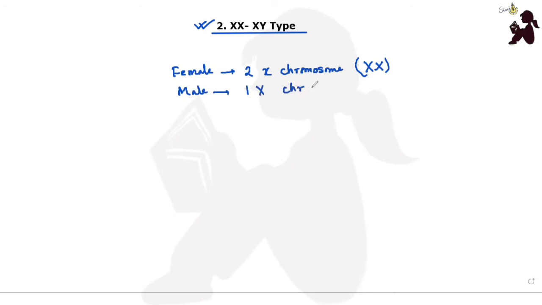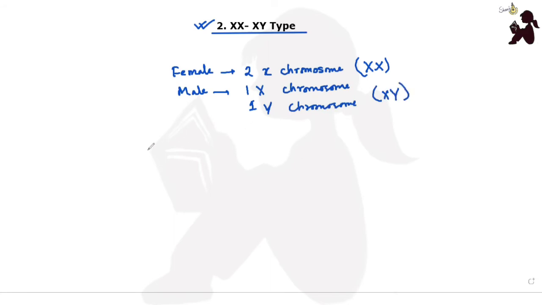Okay, then we will discuss the XX and XY type of sex determination, where the female individuals have two X chromosomes and they are denoted as XX, and the male individual has one X chromosome and one Y chromosome, and they are denoted as XY.